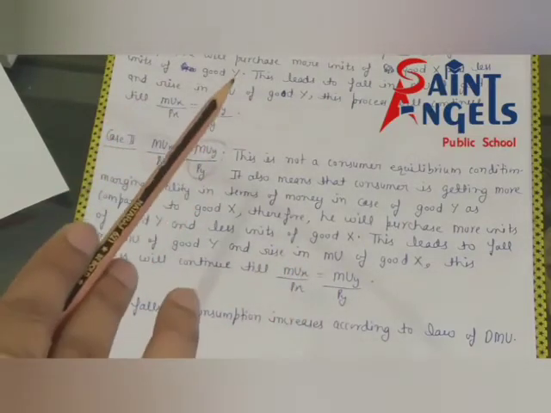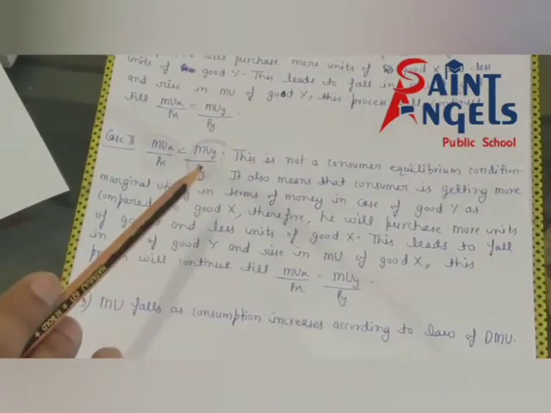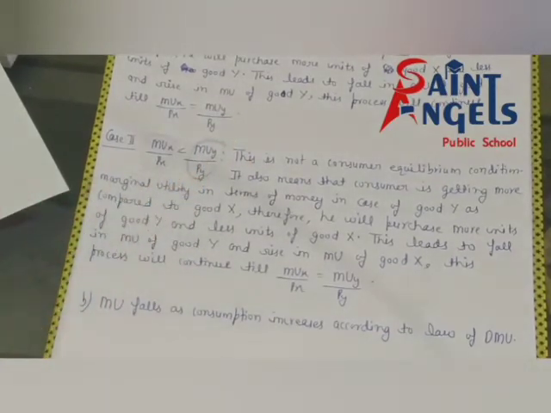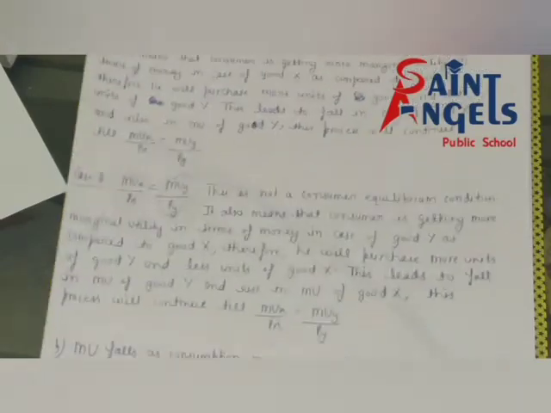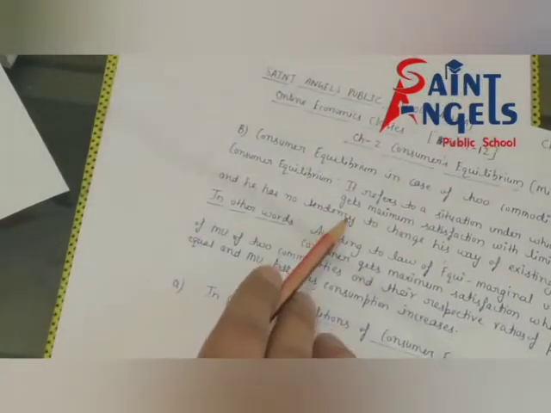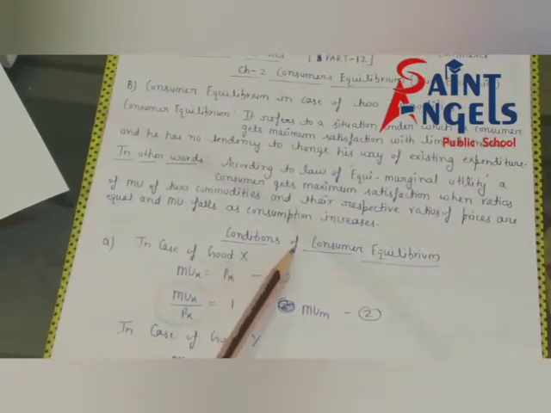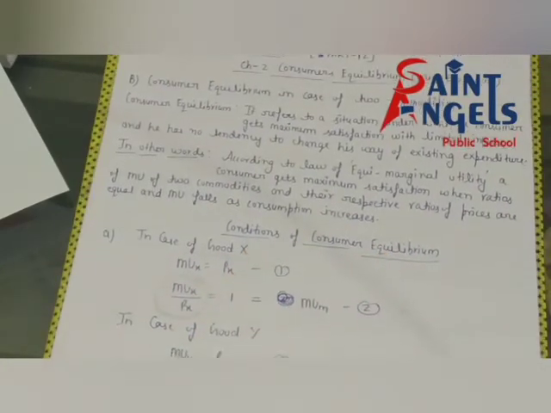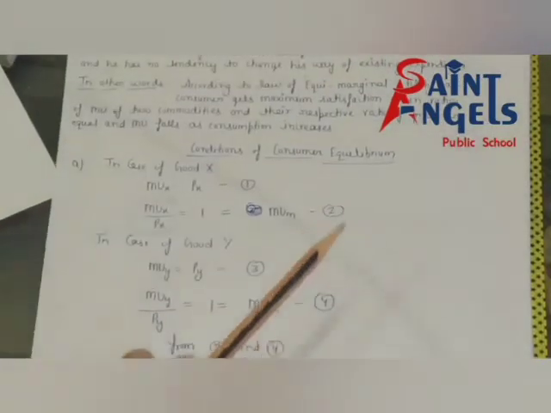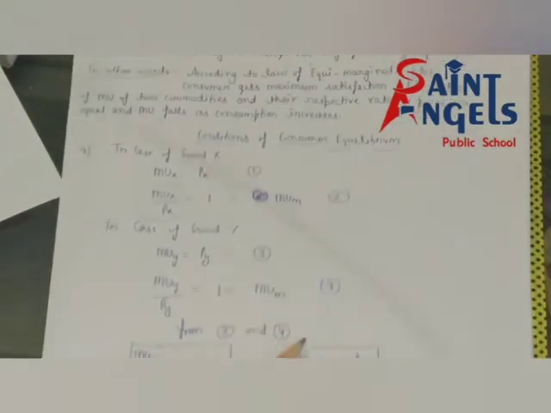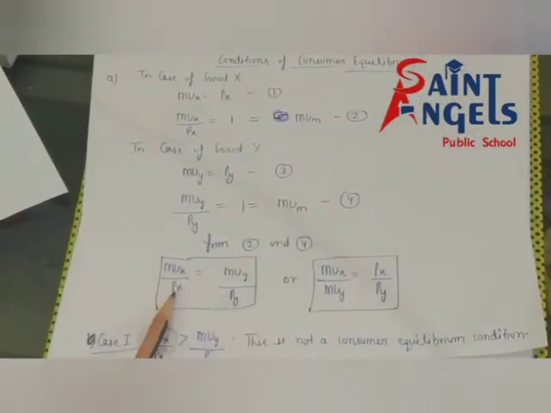Now, suppose you want to explain the concept of consumer equilibrium in case of two commodities. First of all, you will write a definition of consumer equilibrium. Then you will write the conditions of consumer equilibrium. The first condition is MU X upon PX is equal to MU Y upon PY.